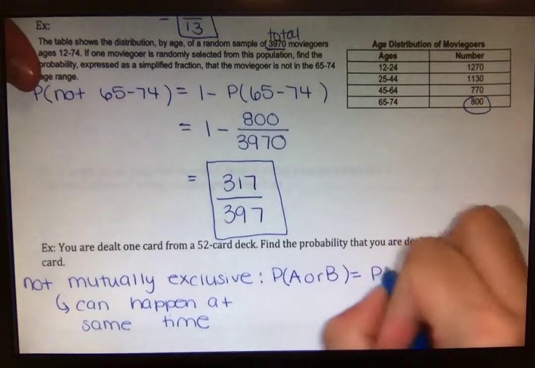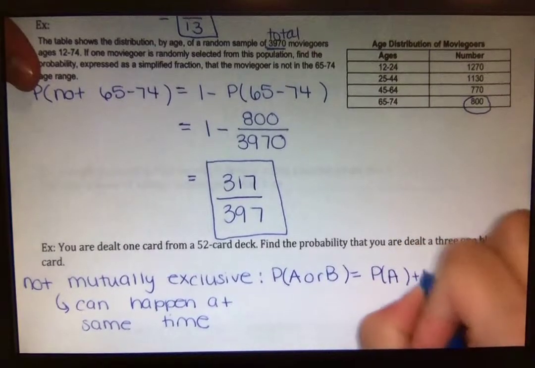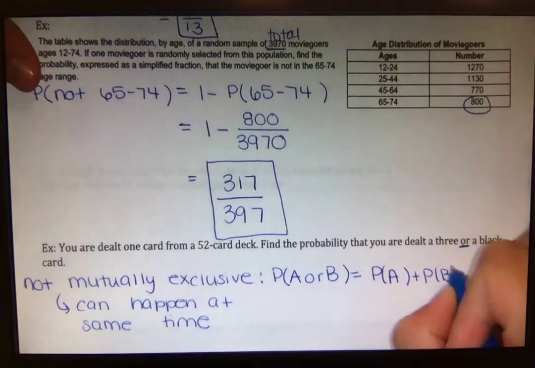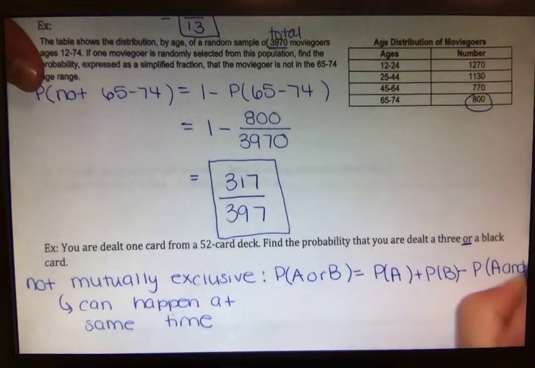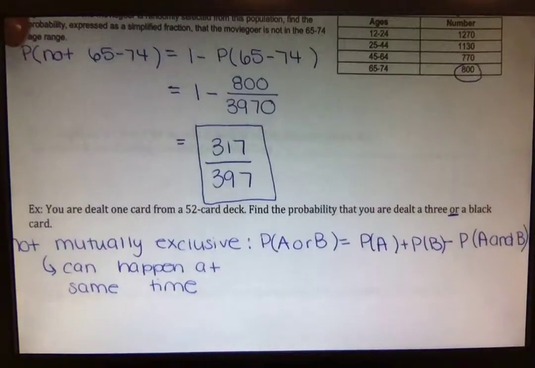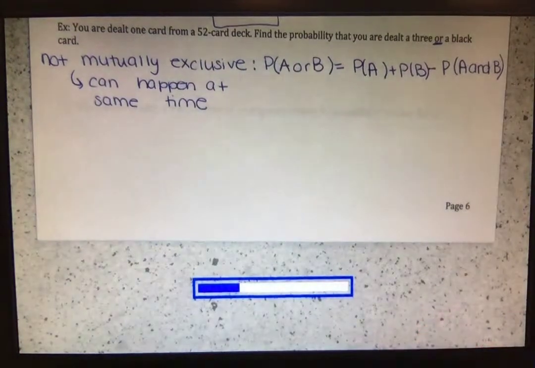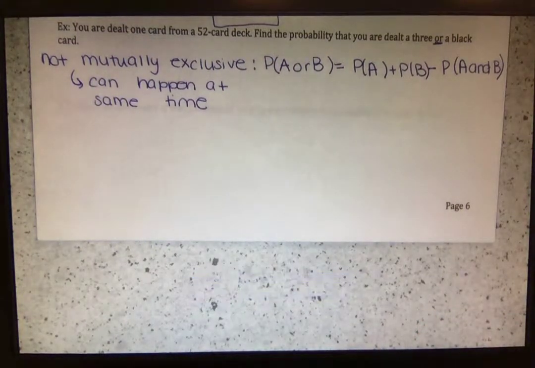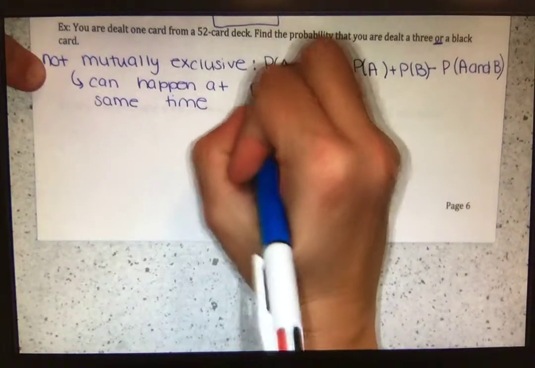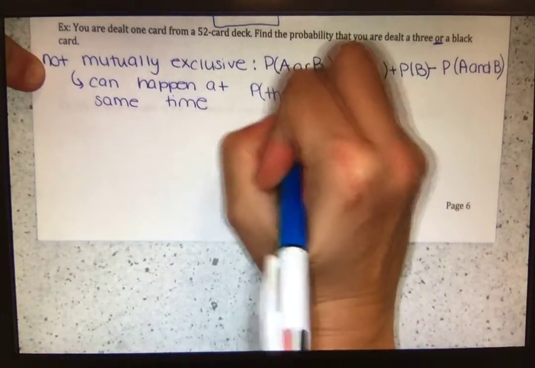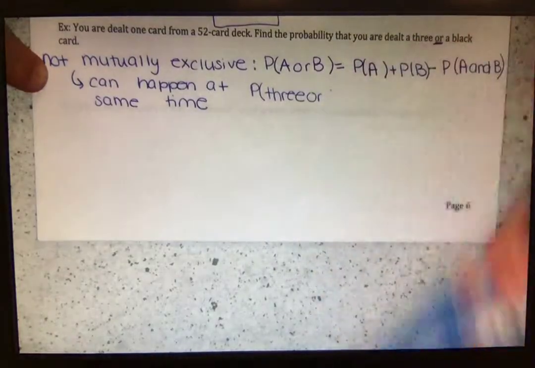We had probability of A plus probability of B minus the probability of both A and B. That was our formula from the very first notes part that we did, the definition part. So we're trying to find the probability that you would get a 3 card or a black card.